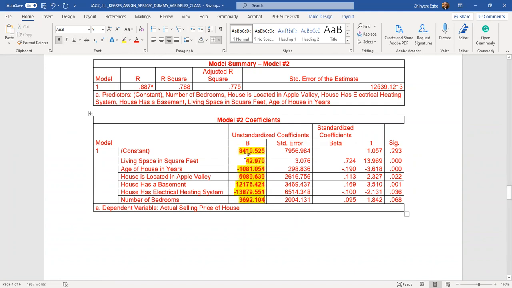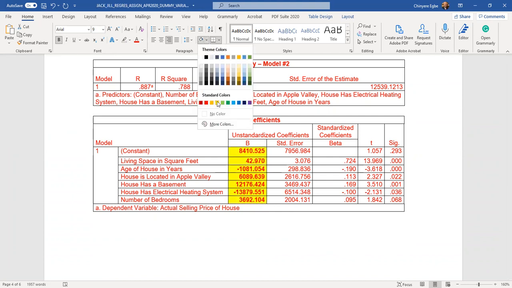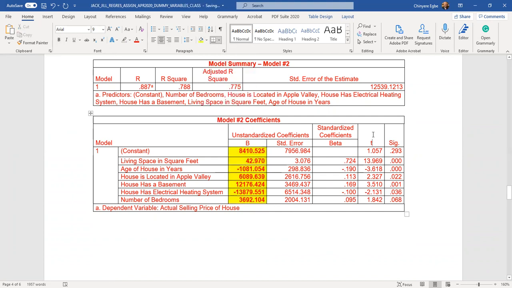All right. These are the numbers. Let me do it differently. Okay. So this is where you get the numbers from.